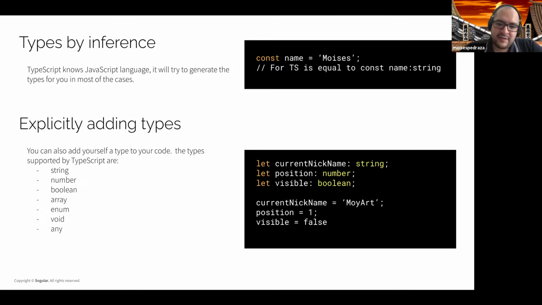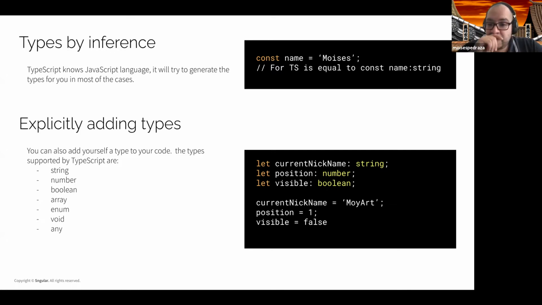Please don't use any. It's better to, since the beginning, start trying to look at the documentation and see which kind of type it is, and start using those types instead of any, because any is like a wildcard. It's telling TypeScript that it could be whatever value you want to throw there. So it defeats the purpose of TypeScript.